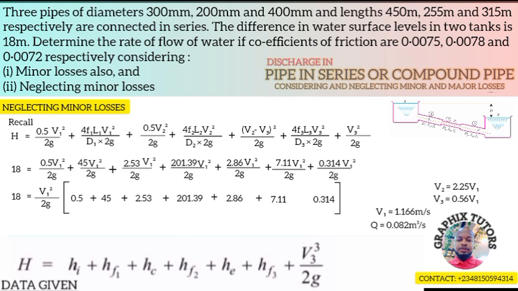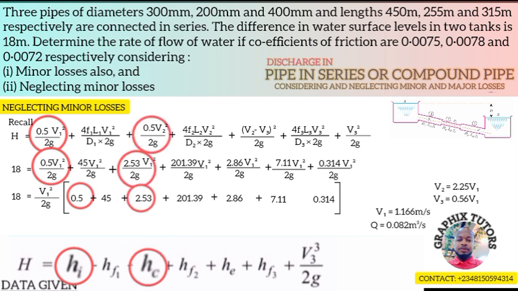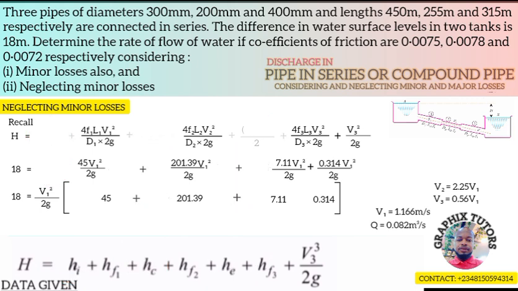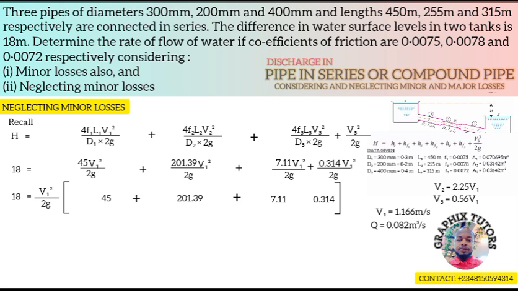So if you're not to consider minor losses, you're going to remove the head loss at the entrance, the head loss due to contraction, and the head loss due to enlargement, right? If you remove those 3, you'll be left with 18 equals V1 squared over 2G in bracket 4.45 plus 201.39 plus 7.11 plus 0.31.